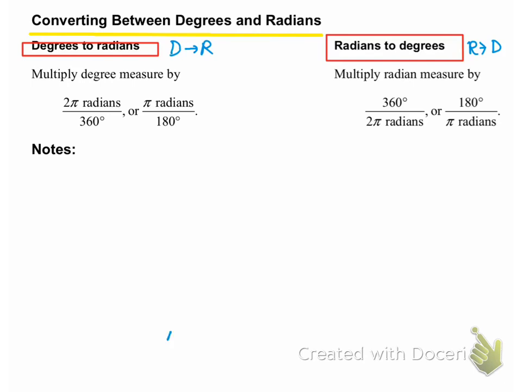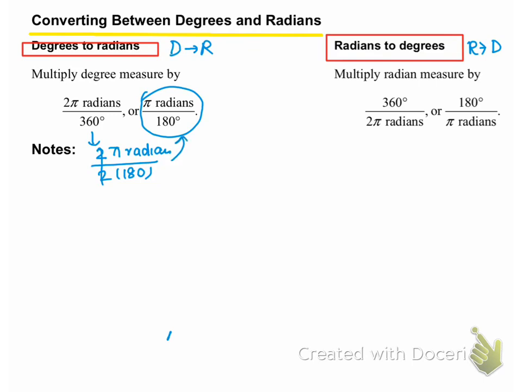So it's going to be 2 pi over 360, or pi over 180, because this can be written as 2 pi radians over 2 times 180, so you cancel and you get this.